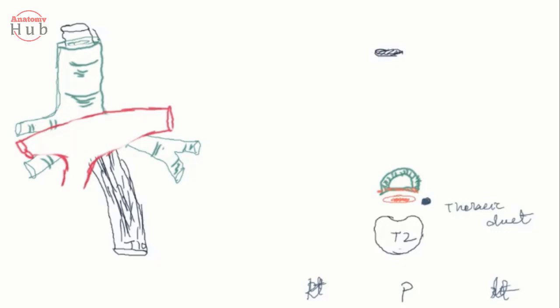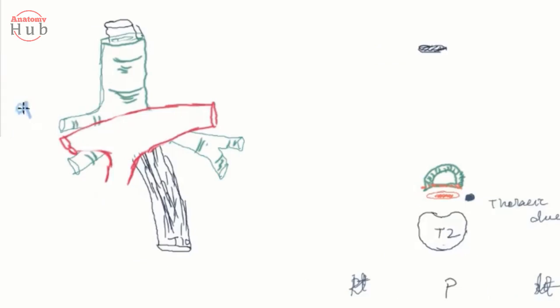Now here you will see the pulmonary artery, and above the pulmonary artery you will find a bronchus, and below it you will find another bronchus. The bronchus above this pulmonary artery is known as your eparterial bronchus.